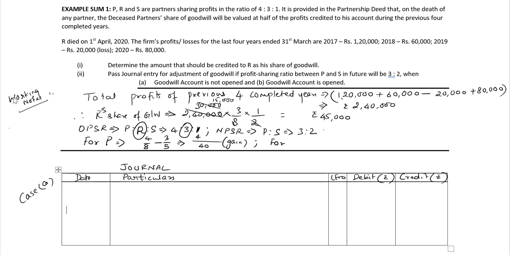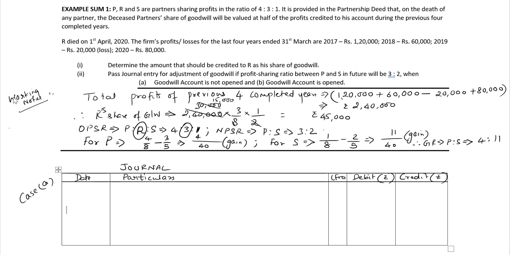For partner S, 1 divided by 8 old share minus 2 divided by 5 new share, 11 divided by 40 gain. Therefore, gaining ratio between P and S is equal to 4 by 40 is to 11 by 40, or in other words 4:11.